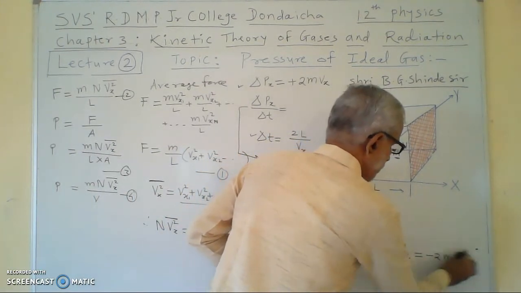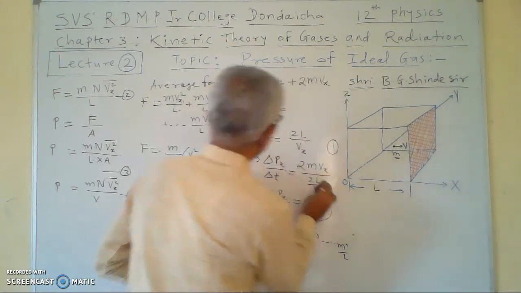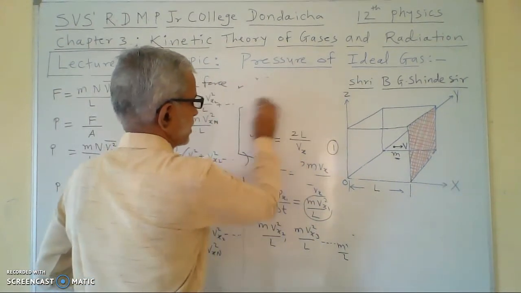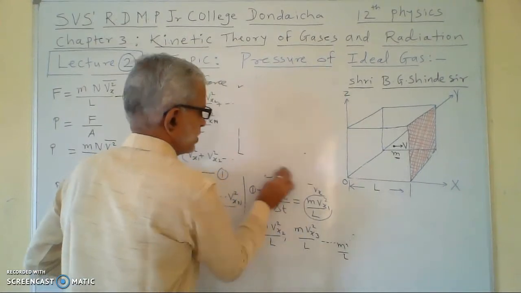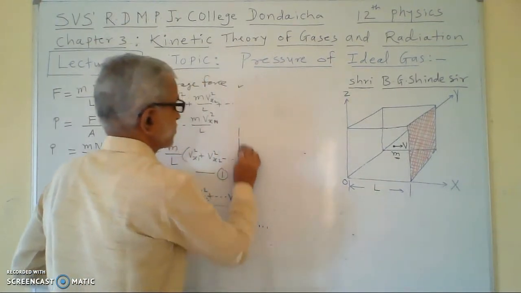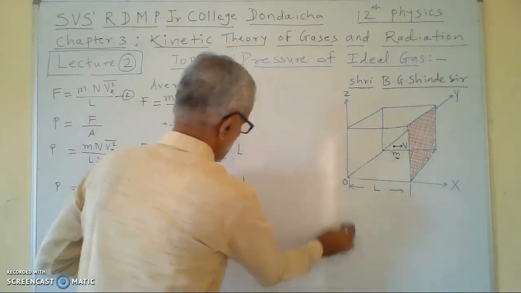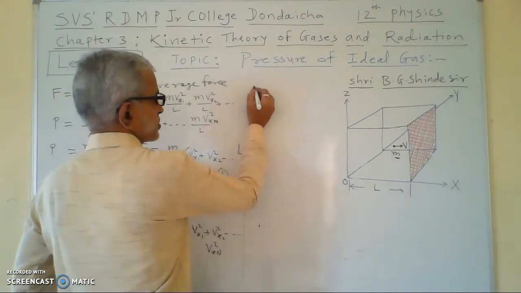Now we know that the velocity of the gas molecule is given by V square equal to Vx square plus Vy square plus Vz square. It means the velocity of the gas molecule has 3 components.